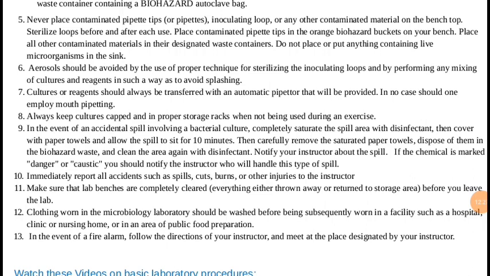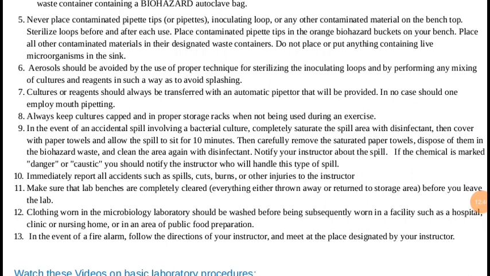And then the area should be cleaned again with the same disinfectant or another one. But it is usually not advisable to use two disinfectants because they could neutralize one another. And then let the instructor know about the spill. If the chemical is marked danger or caustic, you should notify the instructor who will handle this type of spill.